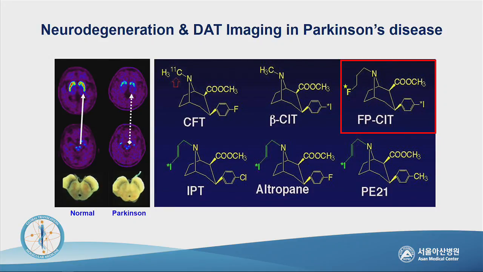So many radiotracers have been developed. Among these, iodine 123 FPCIT is the most commonly used radiotracer in the world, especially in the USA and European countries. However, in Korea, F18 FPCIT is the most commonly used radiotracer.